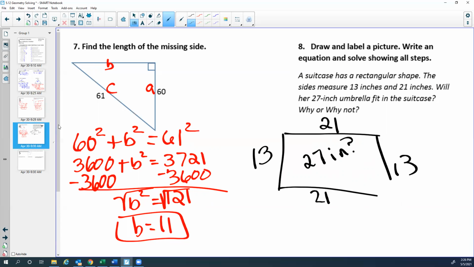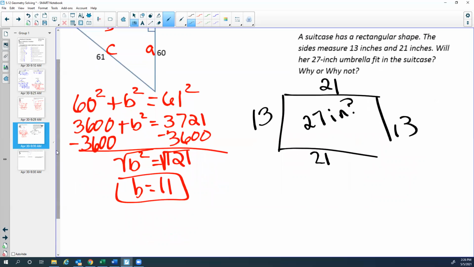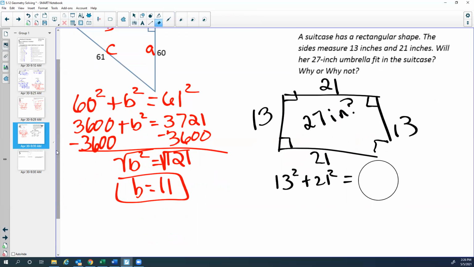Okay, well, side lengths, it's a rectangle. Rectangles have right angles, so I can use Pythagorean theorem. 13 squared plus 21 squared. Will that equal 27 squared? Will 27 squared be able to fit in that? Let's find out.